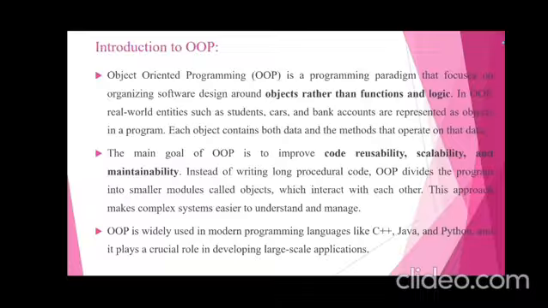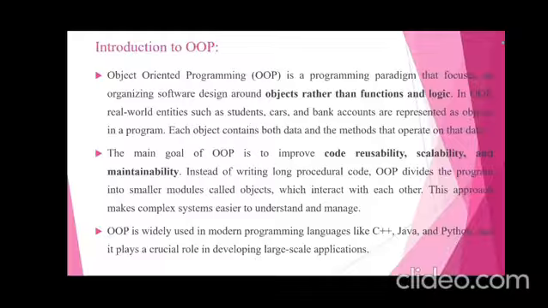Which means instead of writing long and complex code, object-oriented programming allows us to divide the program into smaller parts called objects. So, in object-oriented programming, real-world entities such as students, cars and bank accounts are represented as objects in a program. Each object contains both data and the methods that operate on that data.